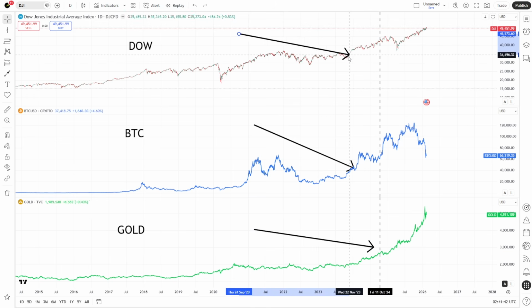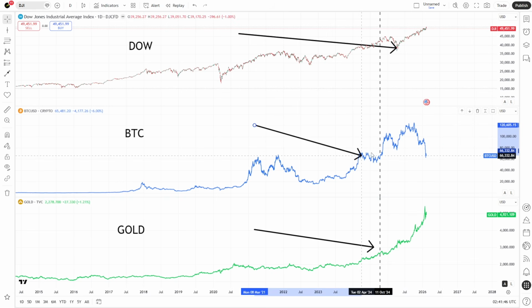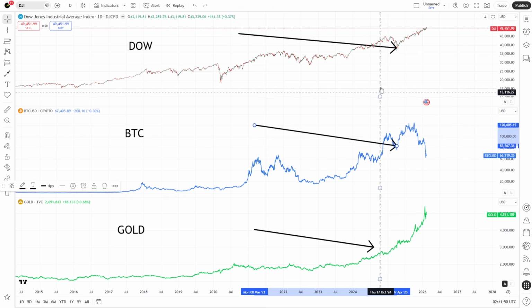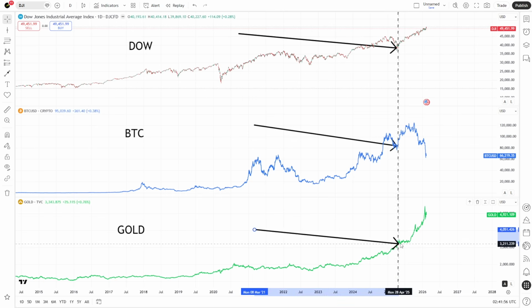As the Dow Jones does this wave right here, Bitcoin does a series of two waves, and it ends right where the Dow Jones does its wave. However, gold is not so extreme. It just kind of moves up, but instead of pulling back, it does something different. It goes sideways. It has this shelf.